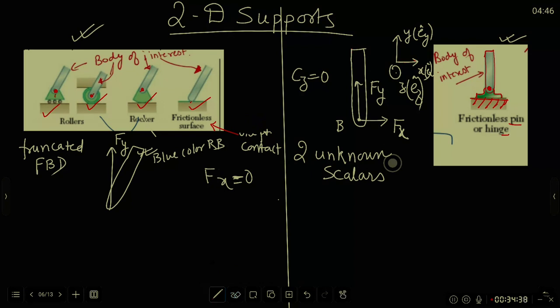Cz will be 0. For rocker and rollers, for the rocker support and the roller support also, since there are pin joints here and they are assumed to be frictionless unless specified otherwise, there cannot be any Cz. So this is true for all the four figures shown here. And thus, in all the four cases, the reaction force system will have only one unknown scalar, and that is Fy.